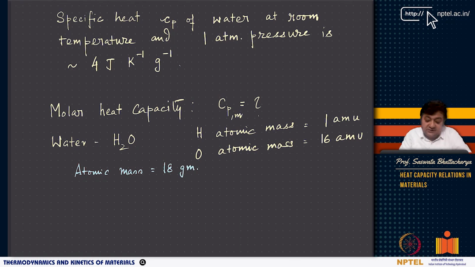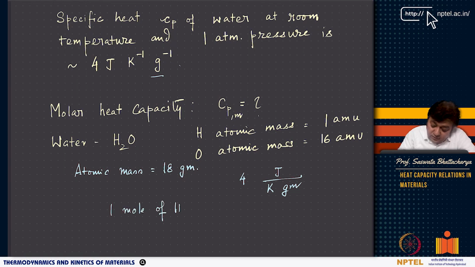Now that means you have 18 grams as the molar mass, and you have a unit of 4 joules per Kelvin per gram. Now you are given per gram and you want to convert it to per mole. So 1 mole of H2O, or water, is basically 18 grams of water.